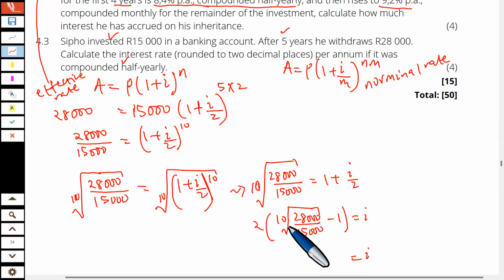So you have 2 into the 10th root of 28 over 15.